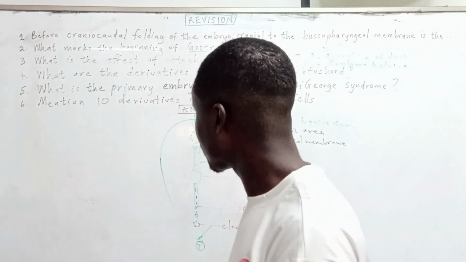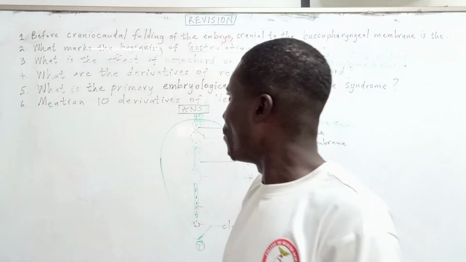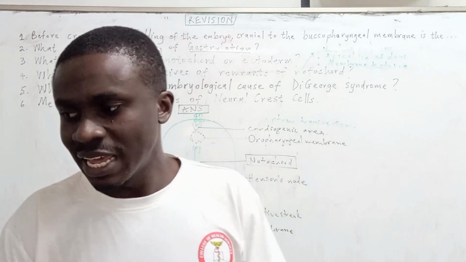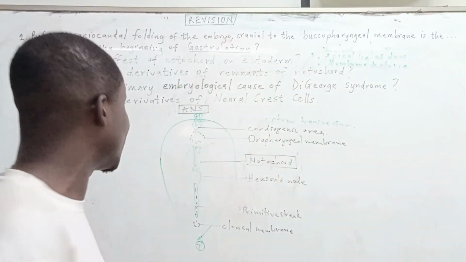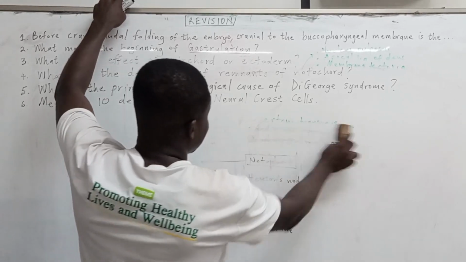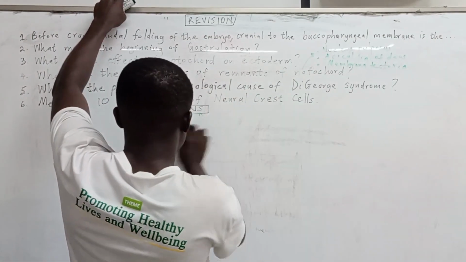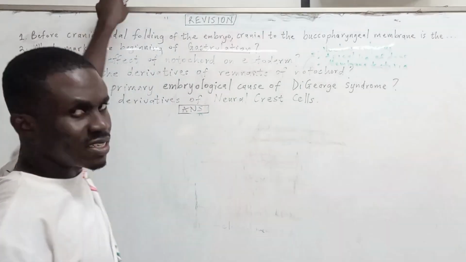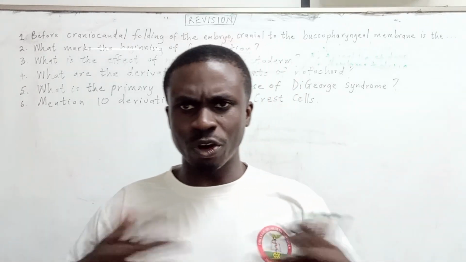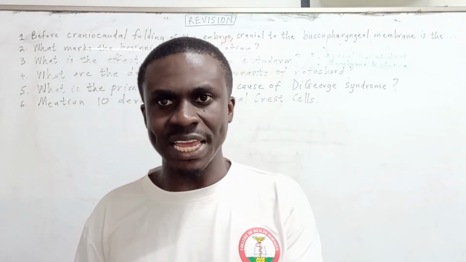Now finally, the sixth question says, mention 10 derivatives of neural crest cells. Let me just clean this. Already, I have told you that because these neural crest cells give rise to a lot of structures, we now regard them as the fourth germ layer.